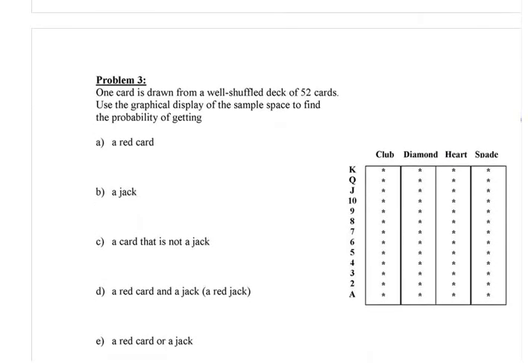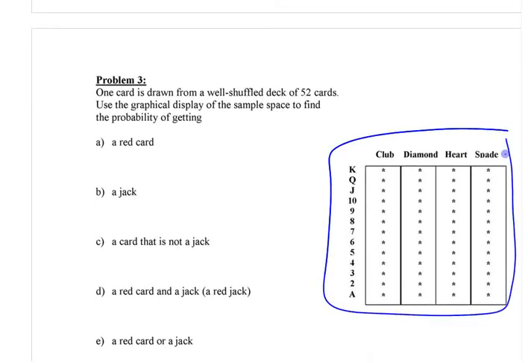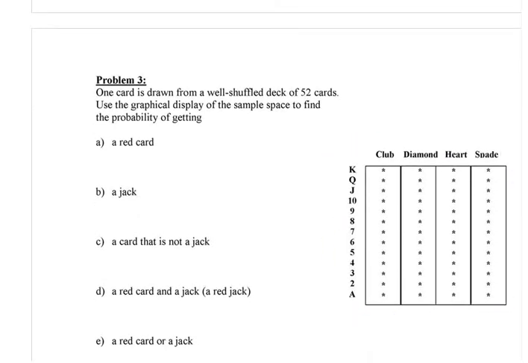This is written out for you, the sample space here, to make it easier for you, because that's a big sample space to write out. We're looking at related events, right? Events that happen together. So we're looking at red card, jack, card that's not a jack, red card and a jack, red card or a jack.